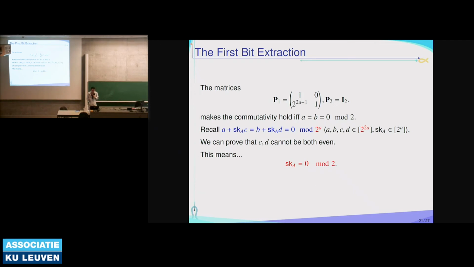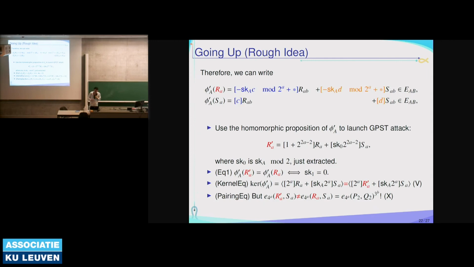If Alice returns 0, then the least significant bit of her secret key is 1. So currently it goes very well. We extract the first bit of the secret key. So the next goal is to extract the second bit of Alice's secret key.